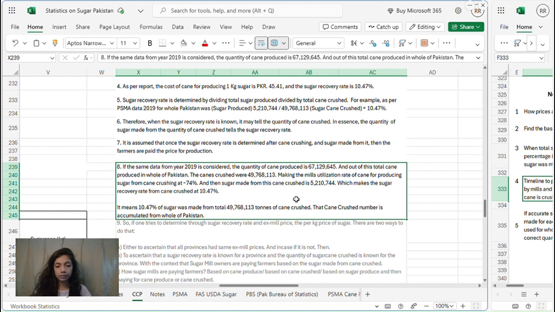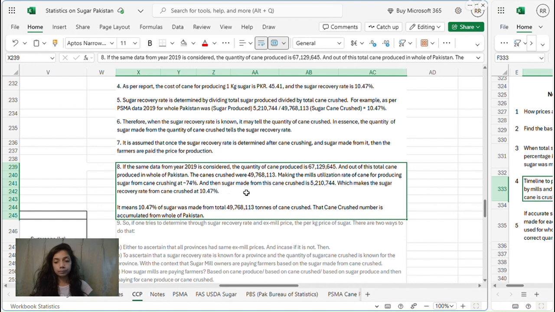It says if the same data from year 2019 is considered, the quantity of cane produced is 67,129,645, and out of this total cane produced in whole Pakistan, the cane crushed was approximately 49 million, making the mills' utilization rate of cane for producing sugar at 74%.